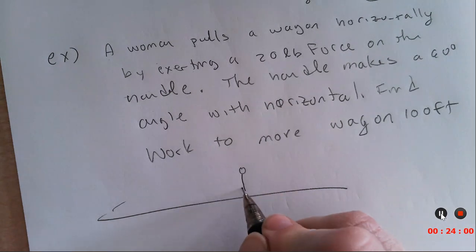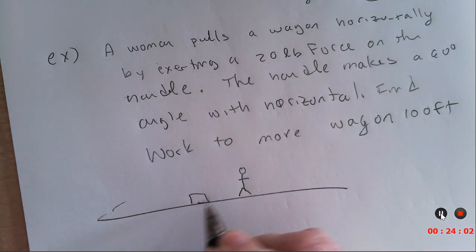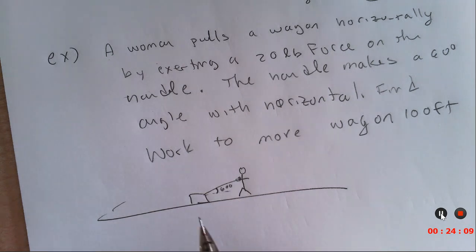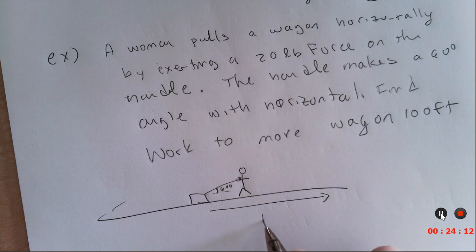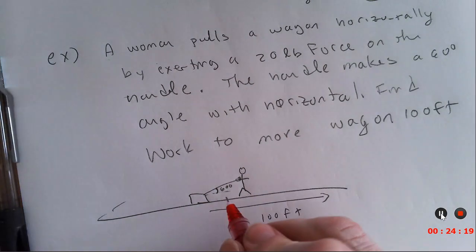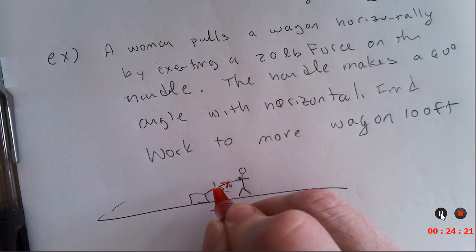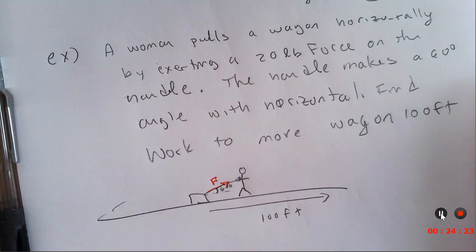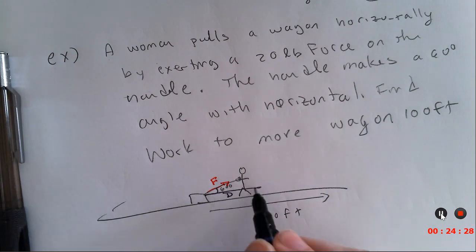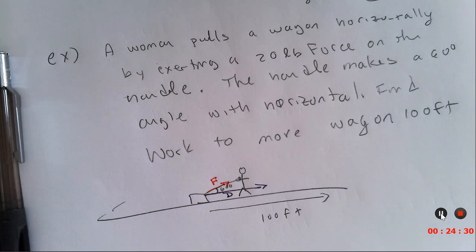So, the woman's walking along the ground, she's pulling a wagon, the wagon has a handle, the angle between the handle and horizontal is 60 degrees, and we're going to move a distance of 100 feet. So the force is being exerted along the handle, so that's where the force is, and the distance vector is going this way parallel to the ground.